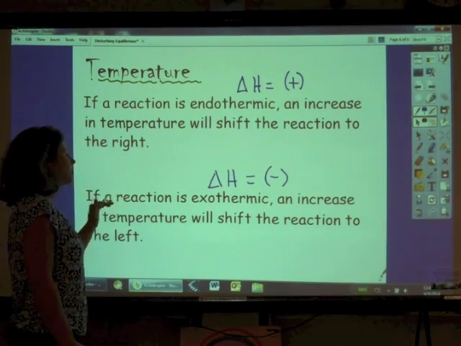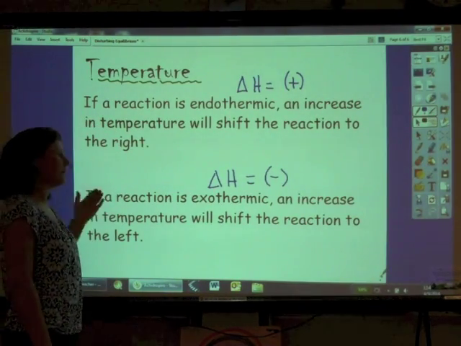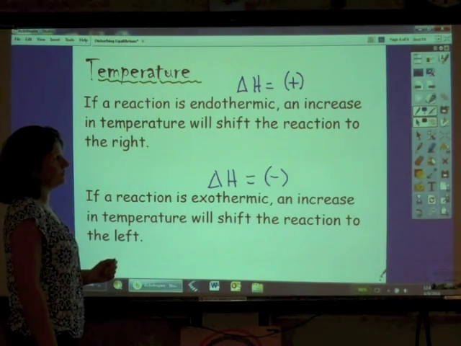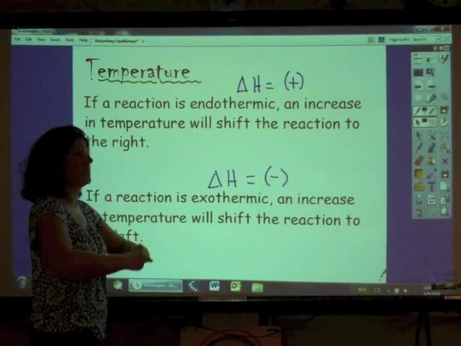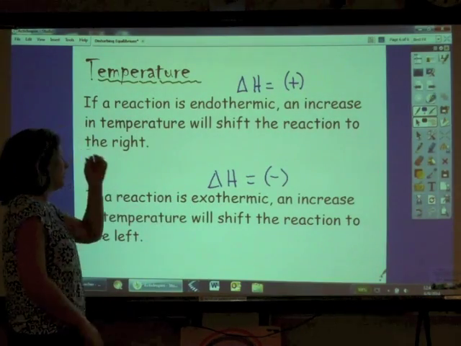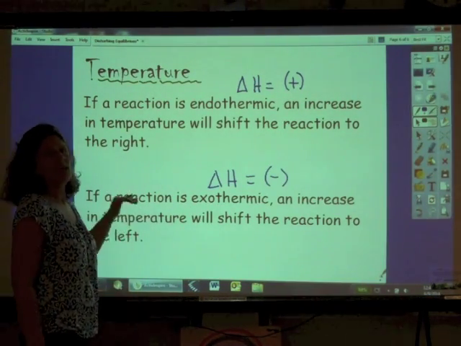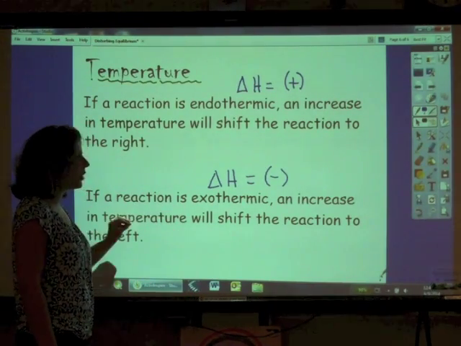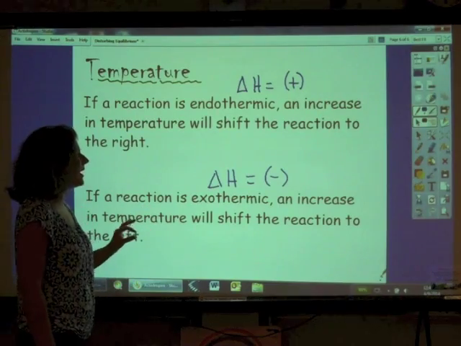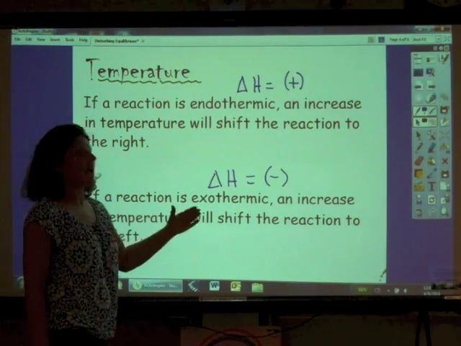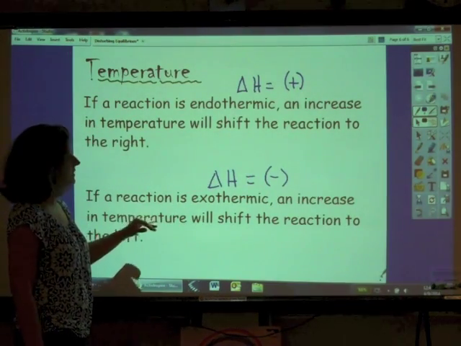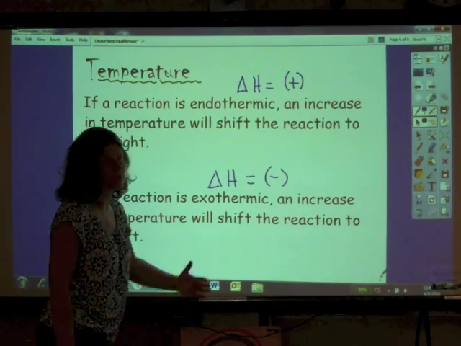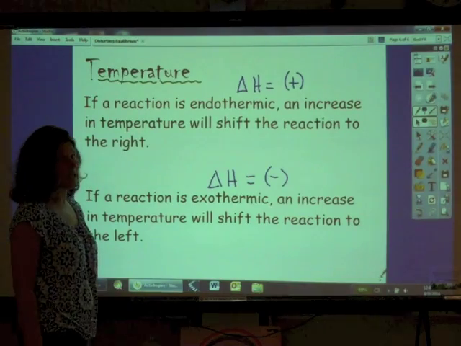Okay, if a reaction is exothermic, that means as you go forward, it is going to generate increased temperature. If you increase temperature, the reaction system will respond by shifting in a way that will counteract that temperature increase. Now, if it's an exothermic reaction, that means that the forward direction is the heating direction.